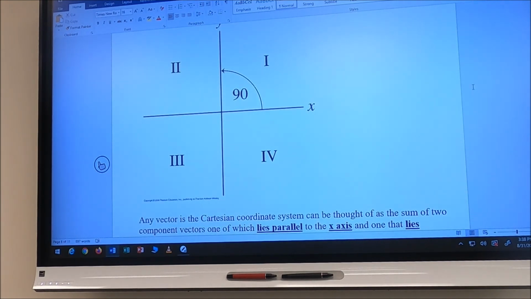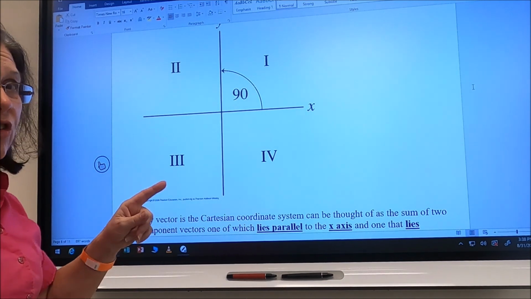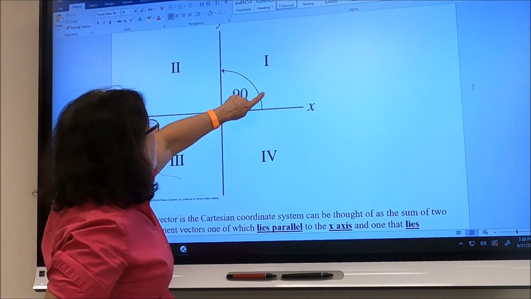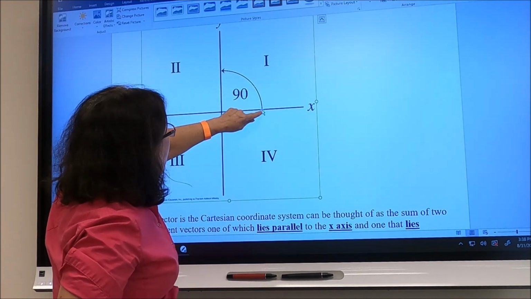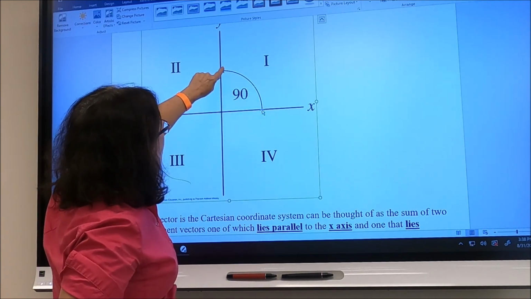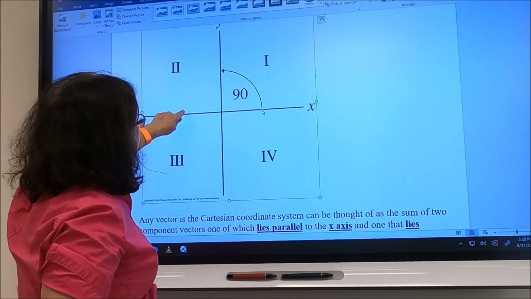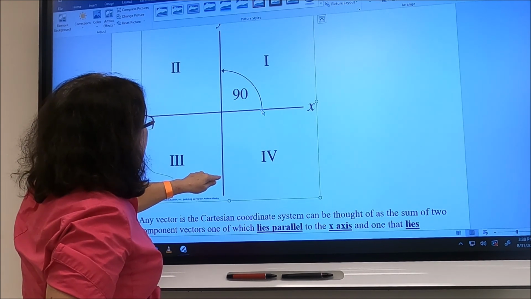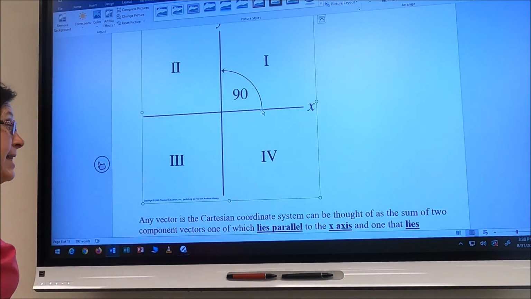We number the quadrants going in a counterclockwise direction. There's a method to the madness. There's a reason why. It has to do with torque. We'll talk about torque near the end of the semester. So this is the counterclockwise direction. We always start with the plus x-axis as 0, plus y-axis is 90 degrees, the minus x-axis is 180. We get to the minus y-axis, that's 270. And then when we come back around, we've gone a full 360 degrees.